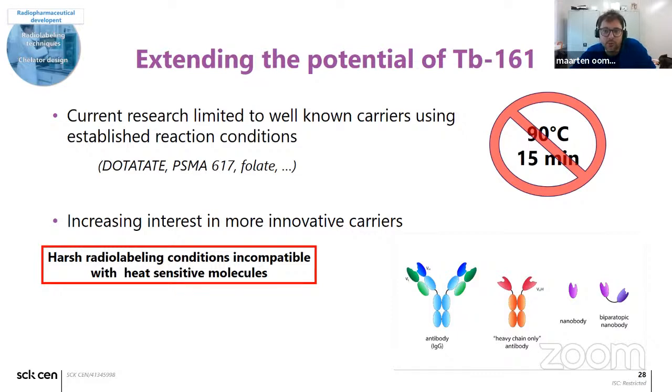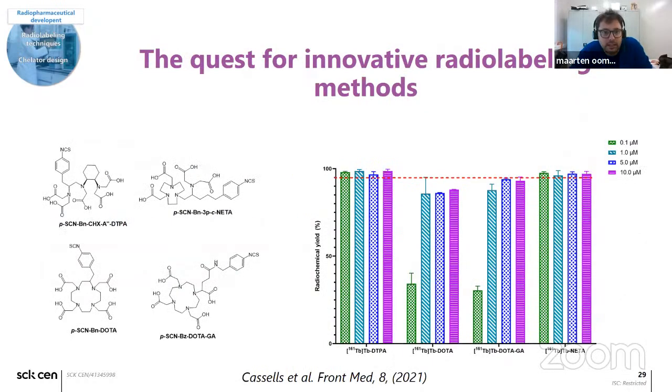And that did not work with the radionuclide or the chelators that were available at that time. So therefore, we've set out to find a new chelator for terbium, not only one that chelates, but also chelates at mild conditions. So we tried a few chelators. Some of them are commercially available. This one, for example, the DOTA, is the one that has been reported previously.